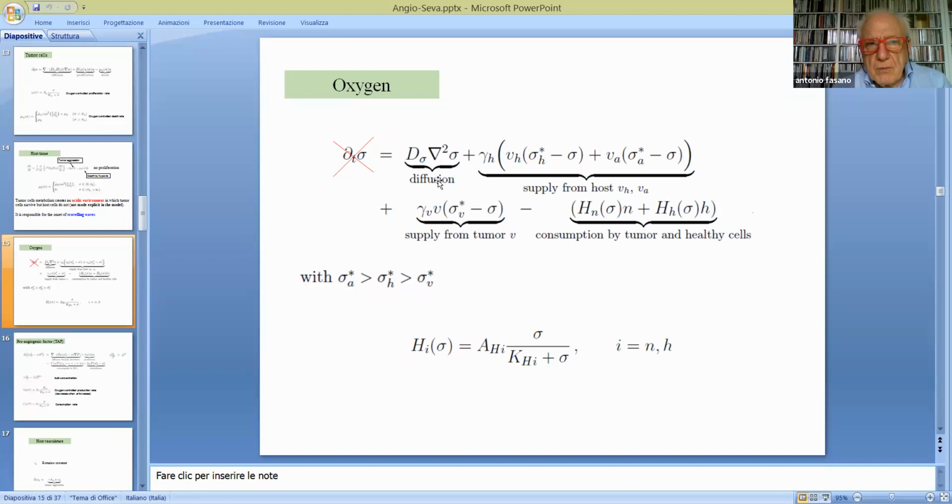And not only do we have diffusion, but we have the oxygen supply from the vasculature, which can be the pre-existing vasculature or the newly formed vasculature, the one generated by the phenomenon of angiogenesis. And of course, oxygen is used up both by the tumor cells and by the healthy cells.